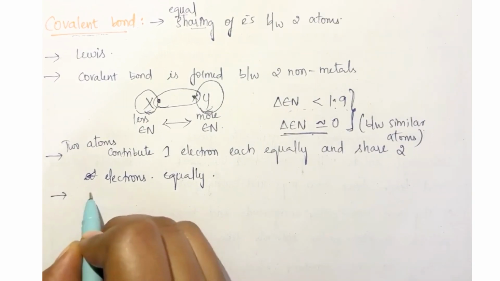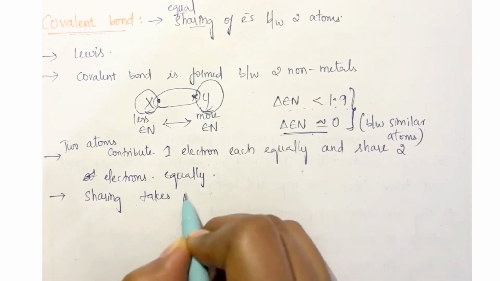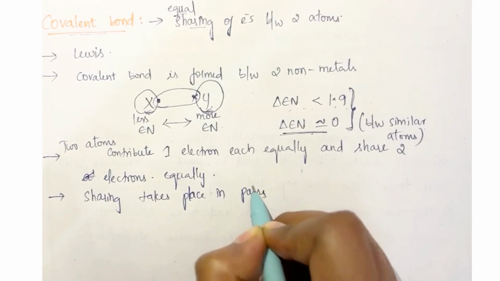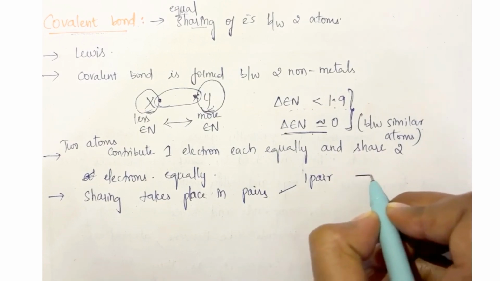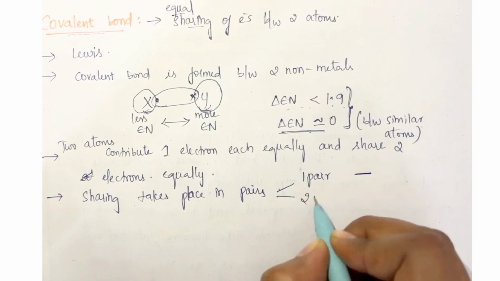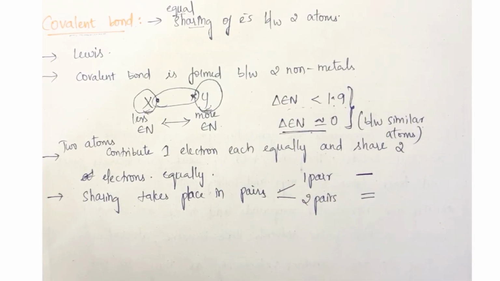So generally the sharing takes place in pairs. If the two atoms share one pair of electrons, then a single bond is formed between the two atoms. Suppose if the two atoms share 2 pairs of electrons, then a double bond is formed between the two atoms.